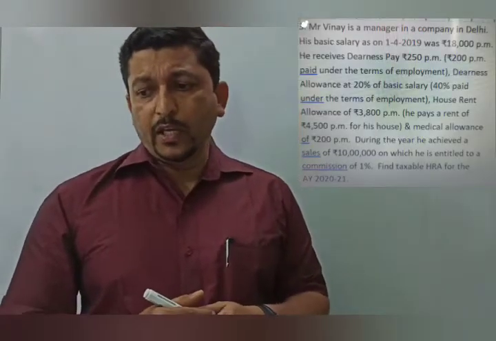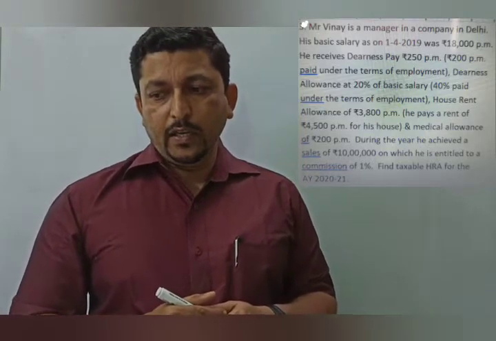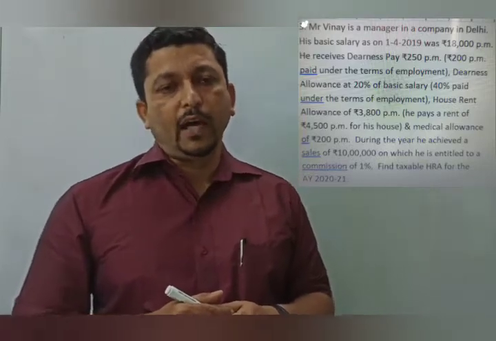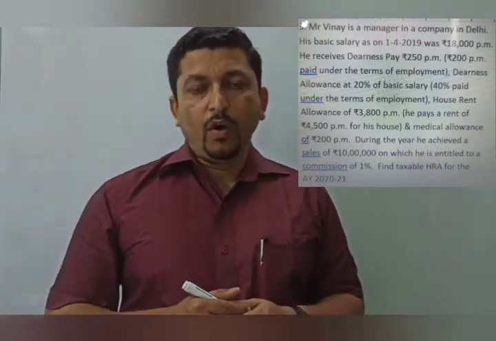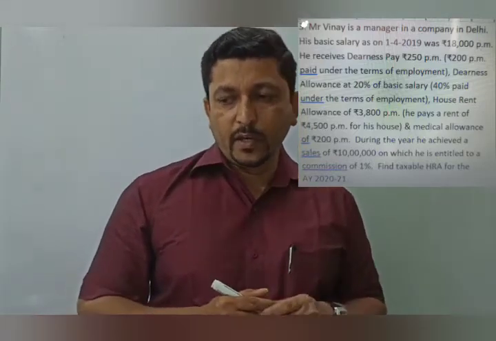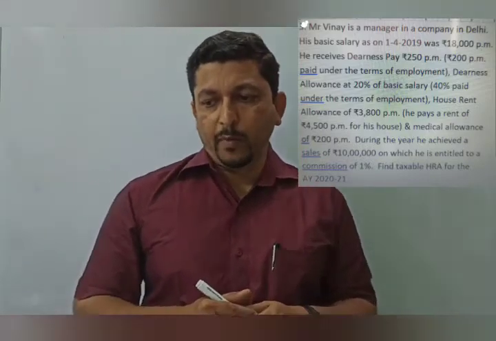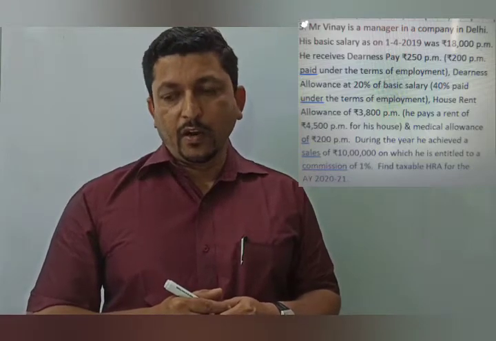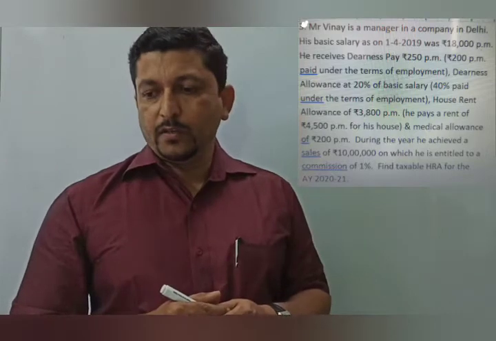Mr. Vinay is a manager in a company in Delhi. His basic salary as on 1st April 2019 was rupees 18,000 per month. He receives a Dearness Pay of rupees 250 per month, of which 200 is included for retirement benefits, or it is paid under the terms of employment. DA at 20% of basic, and of that 40% is paid under the terms of employment.